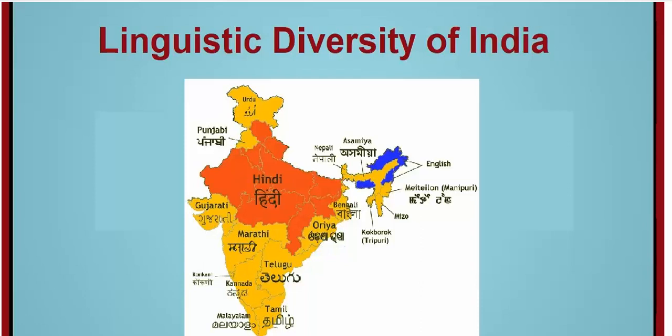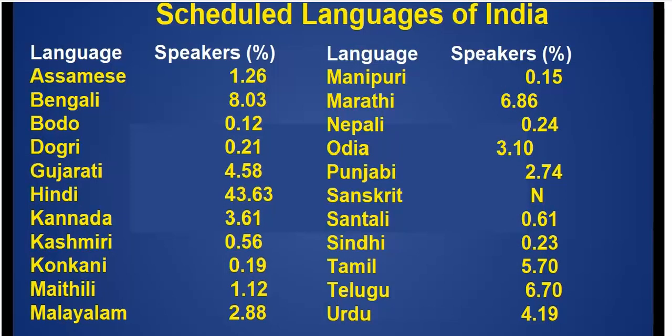We have already discussed that there are 22 scheduled languages in India. It is the list of scheduled languages of India.